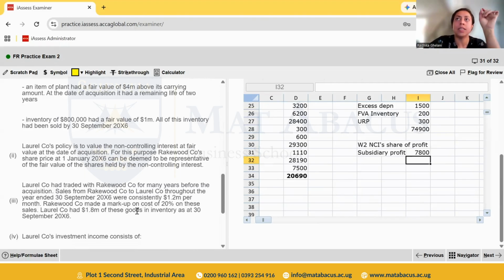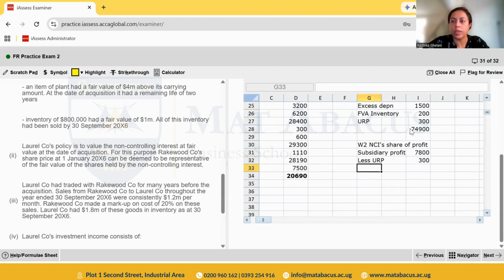And that means that in the subsidiary's books is where you'll find the unrealized profit that we calculated. And since this profit has not yet been realized, we cannot say that it's been earned. We need to reduce the amount of the subsidiary's profit by the unrealized profit. So less the URP, simply pick the figure from up. We've already computed it.